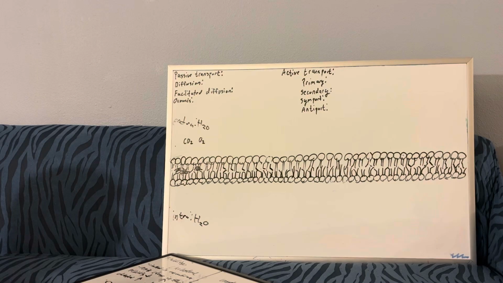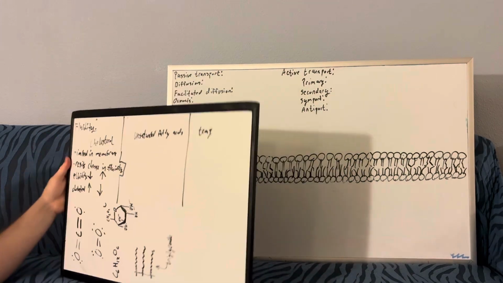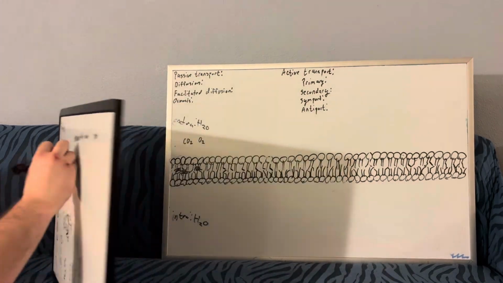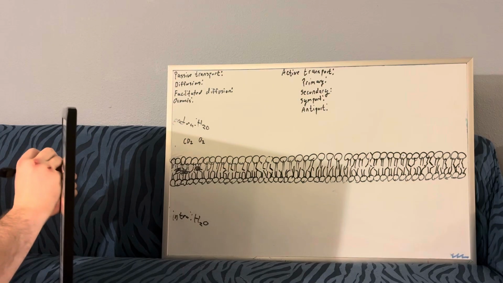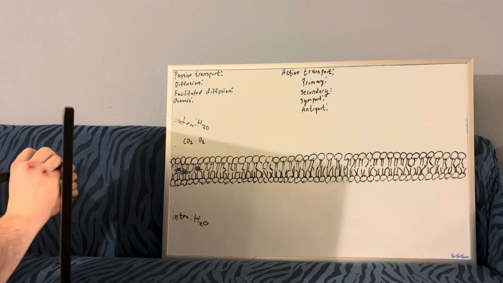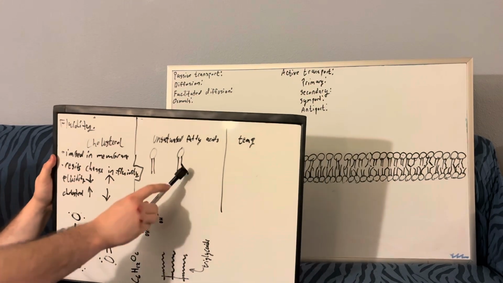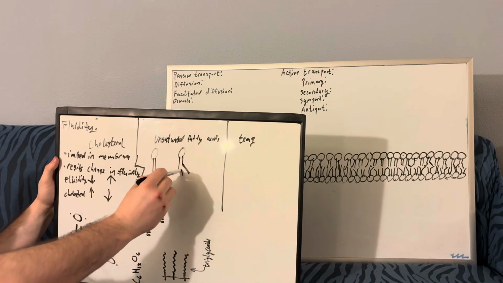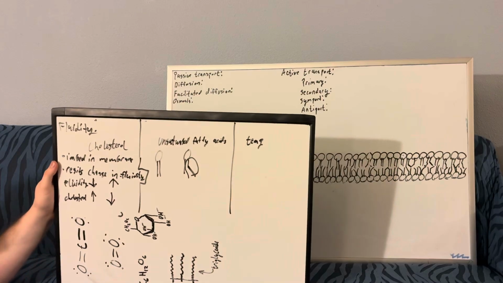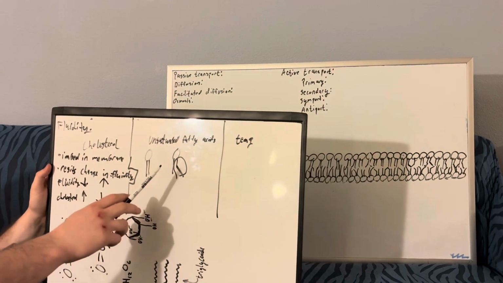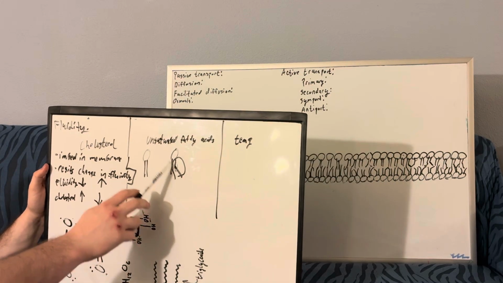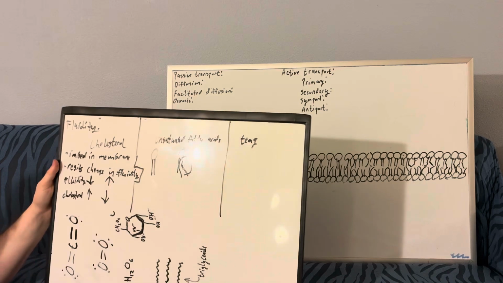Next up, I want to talk about unsaturated fatty acids. So I'm going to draw two phospholipids real quick here. They look very similar with one difference. This fatty acid right here has a little kink in it. And you may remember, a kink in a fatty acid means it's unsaturated.